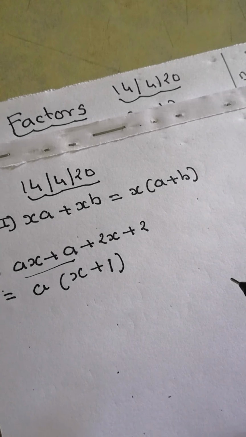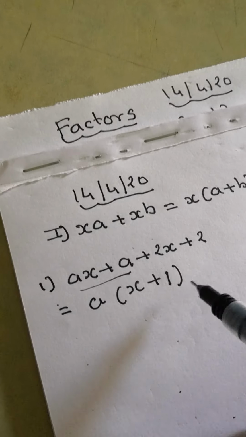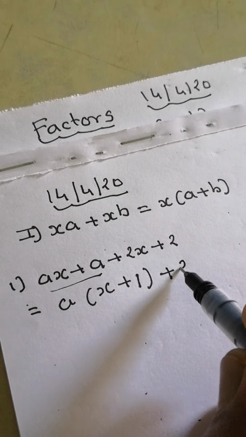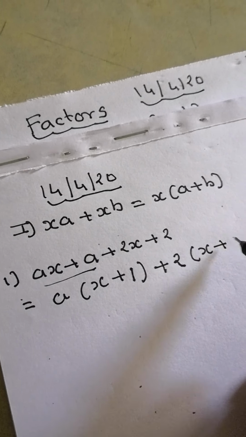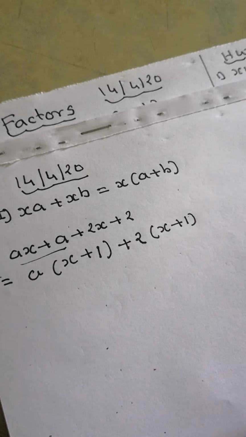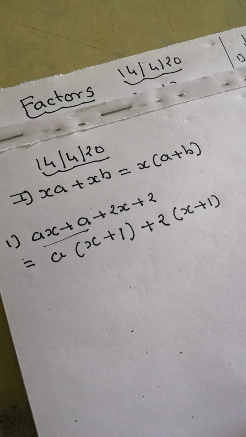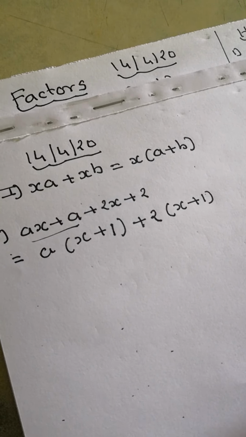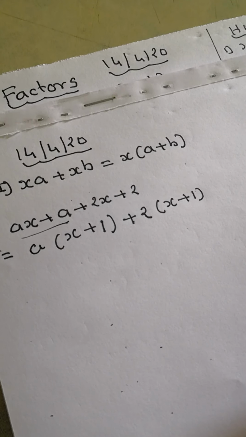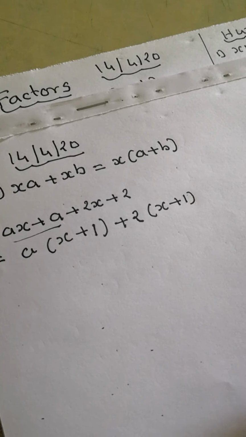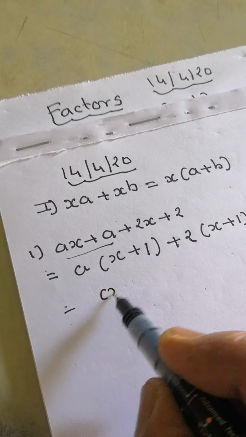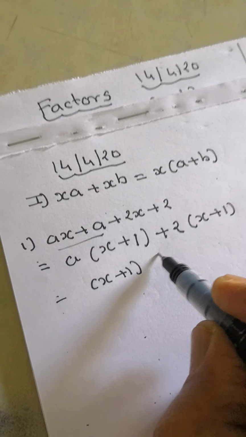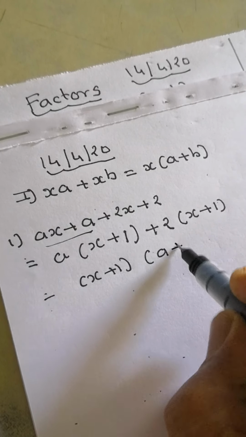In the second two terms 2x plus 2, 2 is common, so I write 2 as common and the uncommon factor is x plus 1. For factorization, it is very necessary that the brackets x plus 1 and x plus 1 should be equal. So the common bracket is x plus 1 and the uncommon bracket becomes a plus 2.